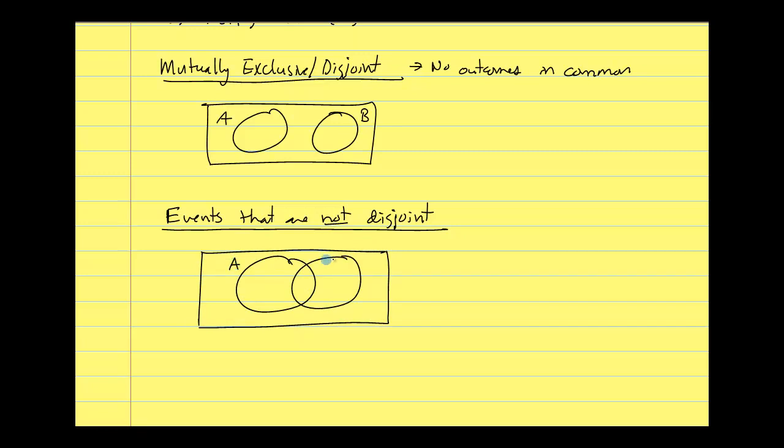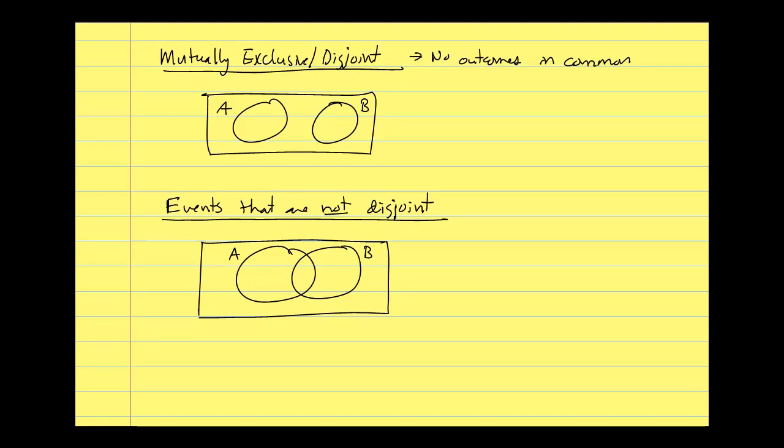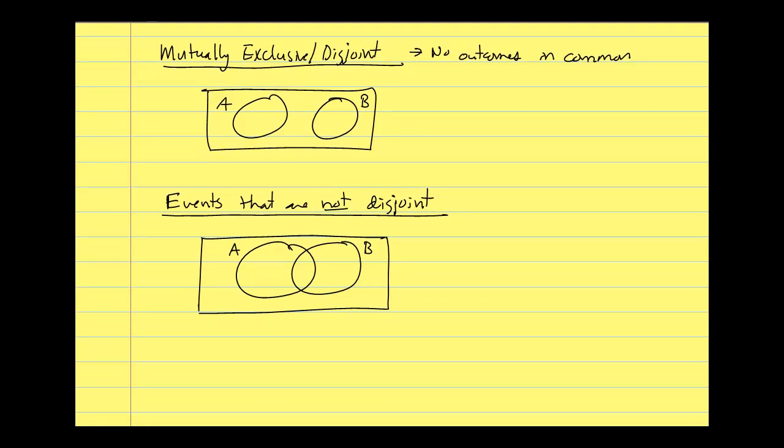So here's A and here's B. Now I want to talk about the probabilities of events occurring and how they match up with the Venn diagram. If I wanted to talk about the probability of A or B, this would just be the probability of A plus the probability of B.